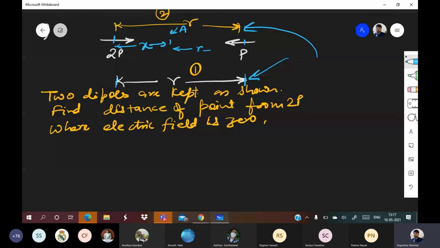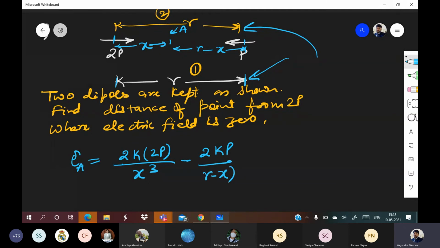So EA is equal to 2k into 2p upon x cube, because the formula is 2kp upon x cube, minus 2 times k into p upon r minus x whole cube, because the direction of the dipole kept is opposite. That must be equal to 0.